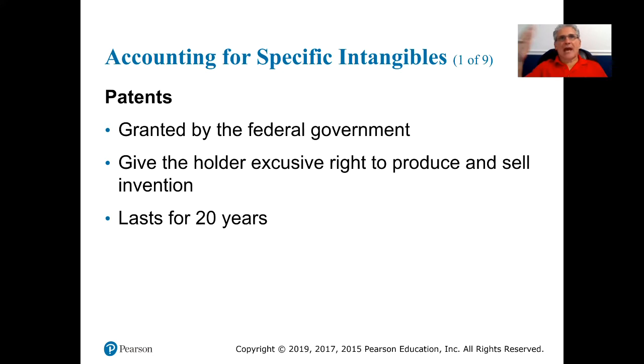If the company creates the patent, then it's simply the cost of the attorneys and the registration fees. It's really not a whole lot of money, likely going to be less than $20,000.